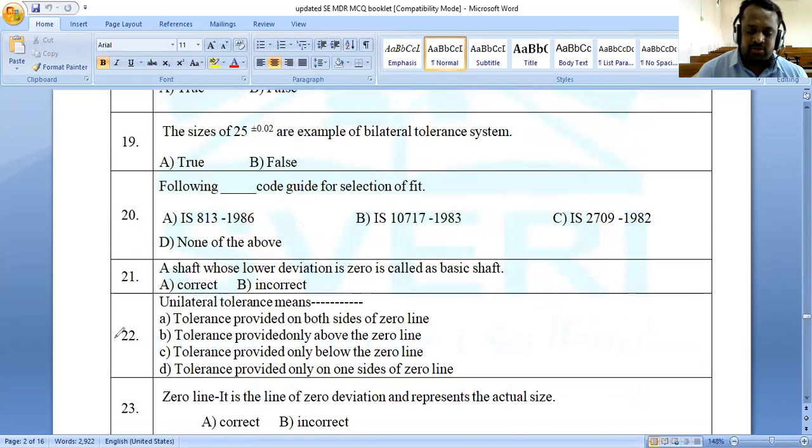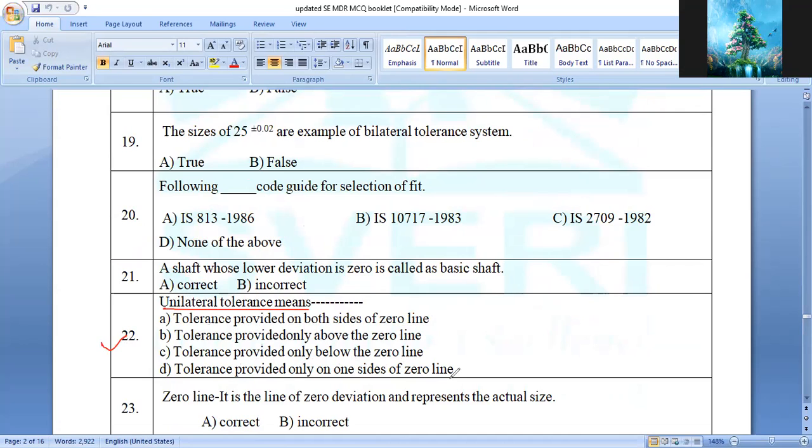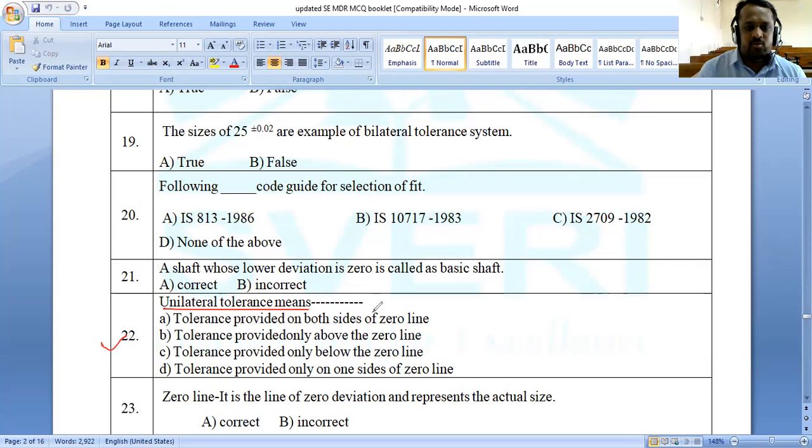Take question number 22. The unilateral tolerance means the tolerance provided on both sides of the 0 line. Okay, the tolerance provided only above the 0 line, the tolerance provided only below the 0 line, and the tolerance provided only on one side of the 0 line. Yes, option D. Unilateral tolerance provided on both sides of the 0 line?